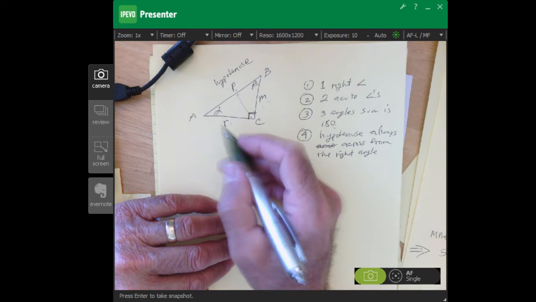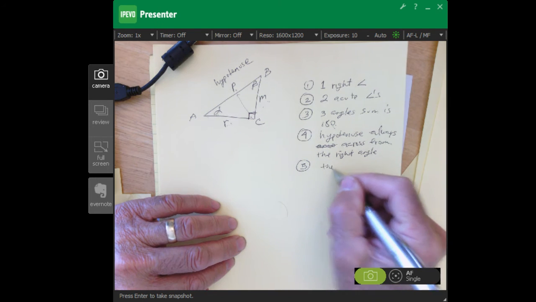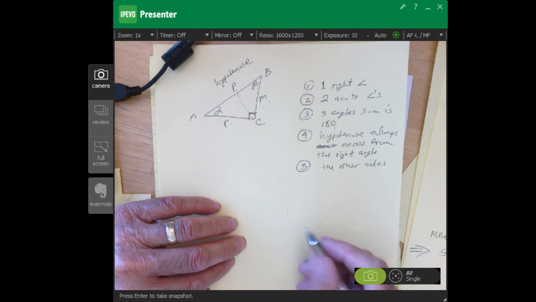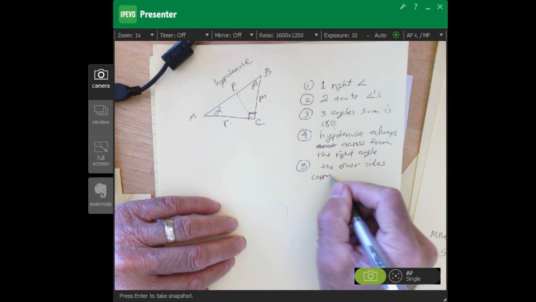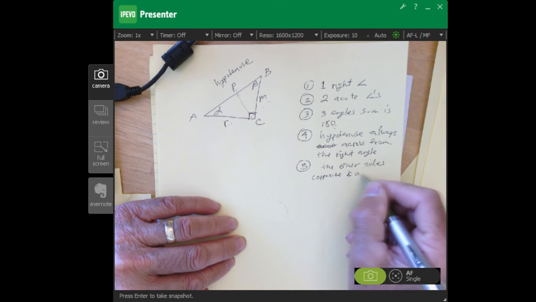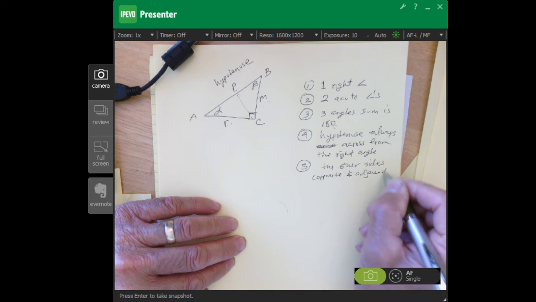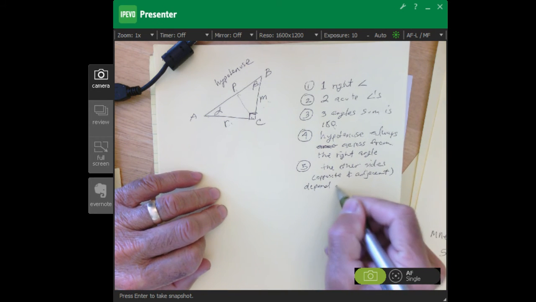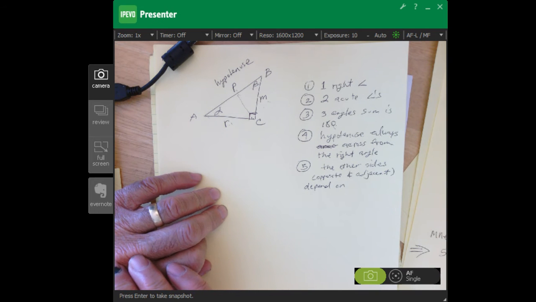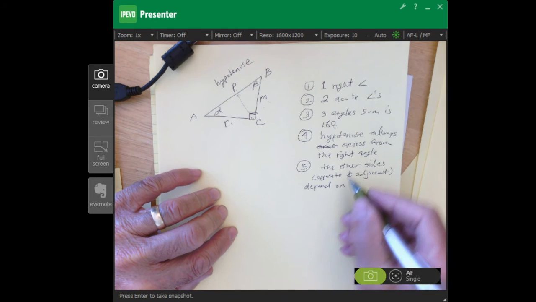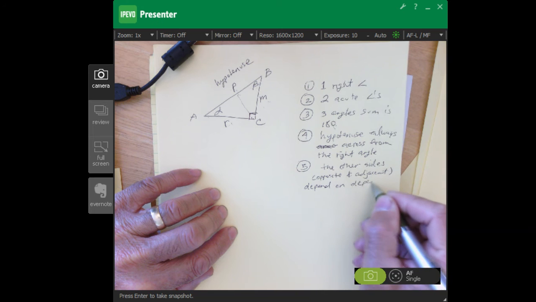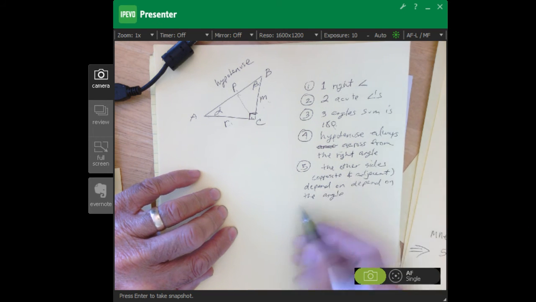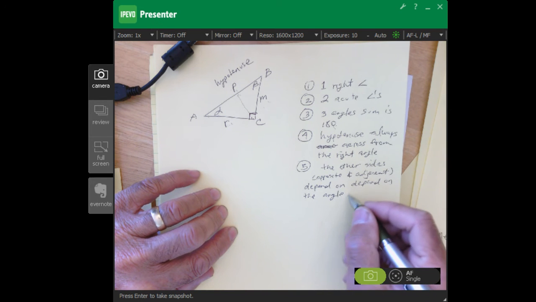Okay, the other two sides. When I say the other two sides, I mean the opposite and adjacent depend on the angle we're starting with, the angle chosen or the one being used.